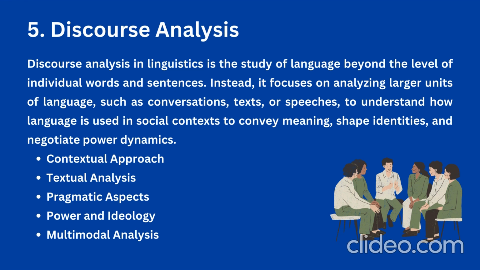Second is the textual analysis. That means, see, you might have heard of something called the style of writing. For example, certain writers have their own style of writing. For example, Shakespeare, Kalidasa, Tagore, they all have their own styles of writing.